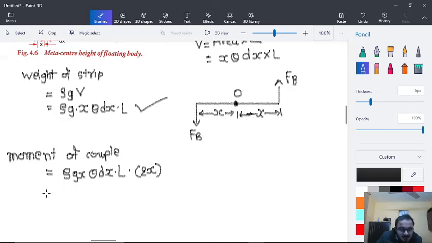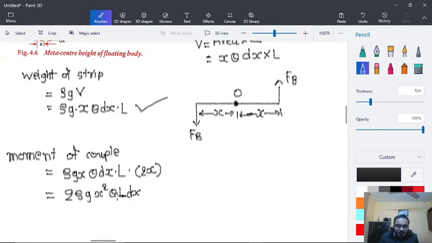So finally we are getting this as 2 rho g x square theta L dx.